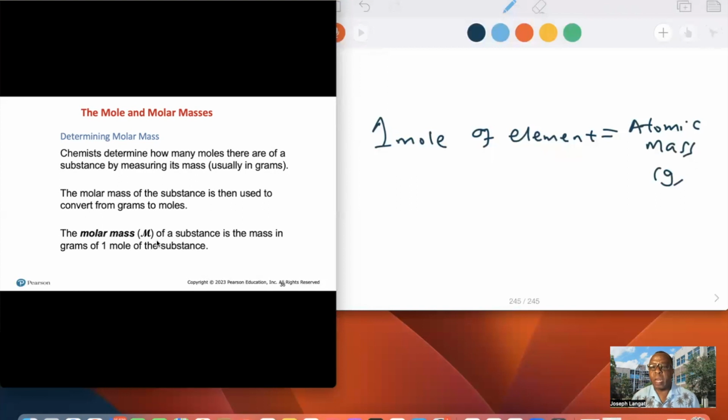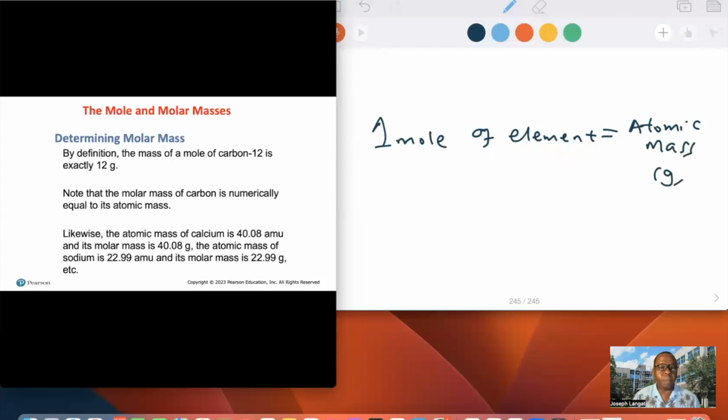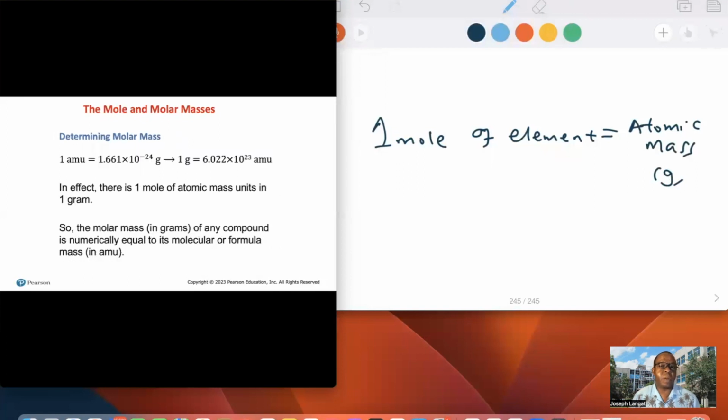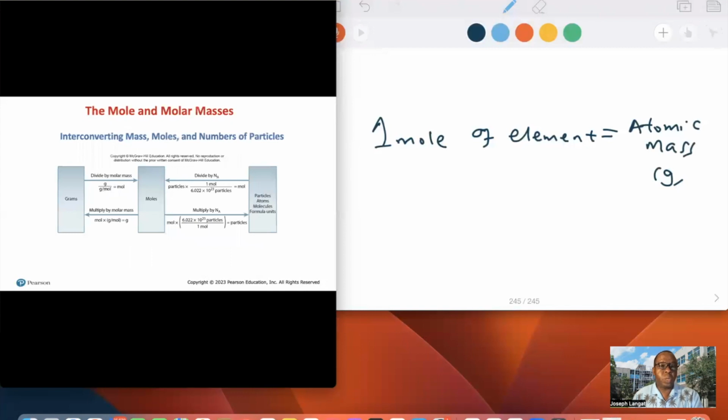The numerical value you see on the periodic table represents the molar mass of a substance, and it contains 1 mole of substance, which means it has Avogadro's number of molecules. This is something we did before, determining the molar mass.